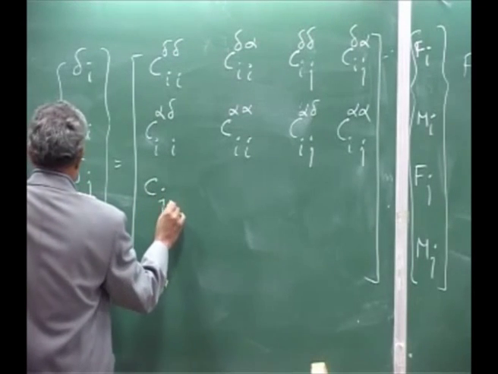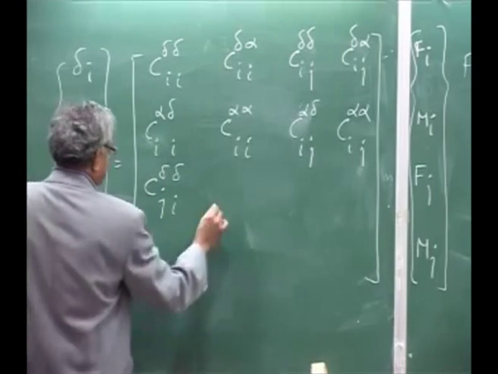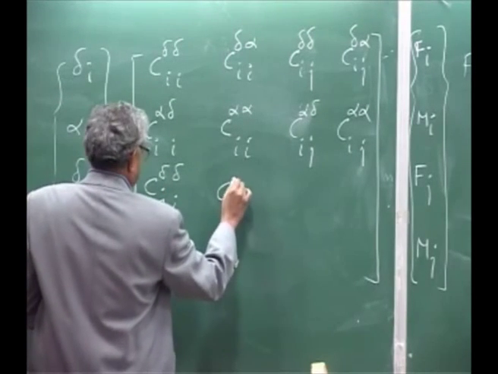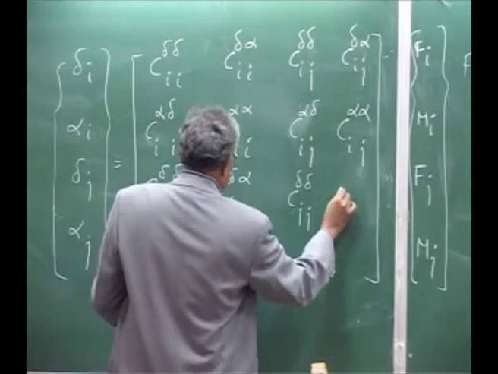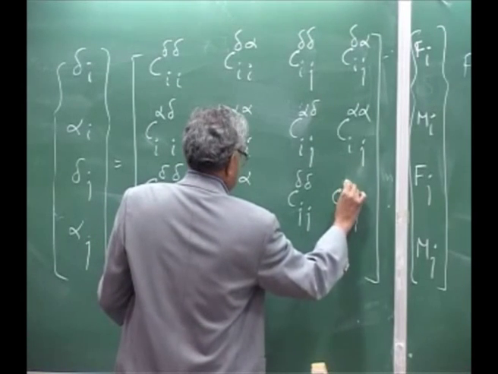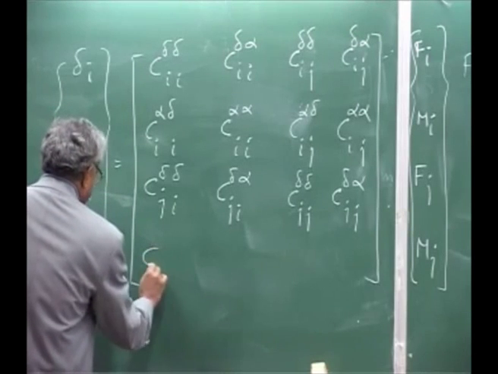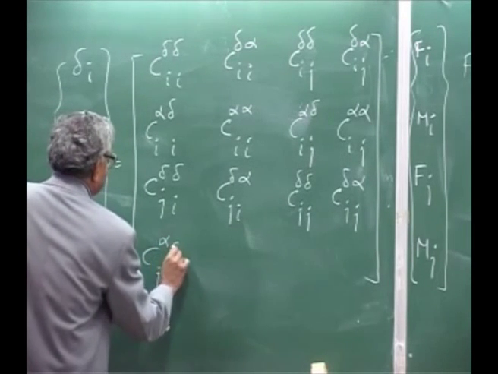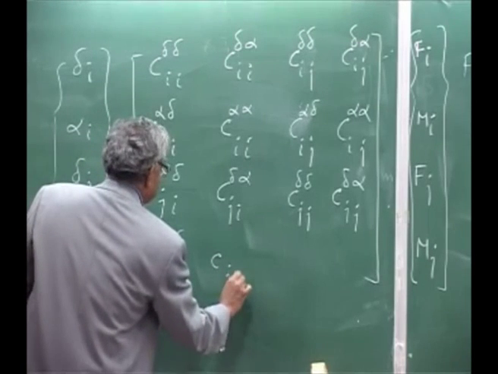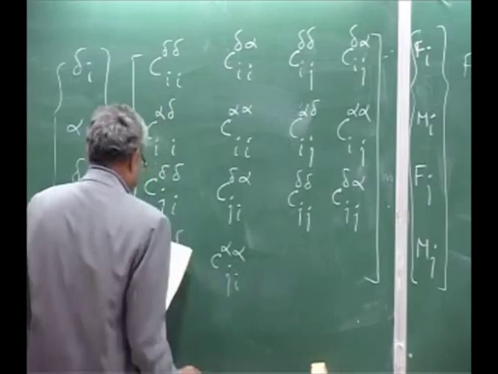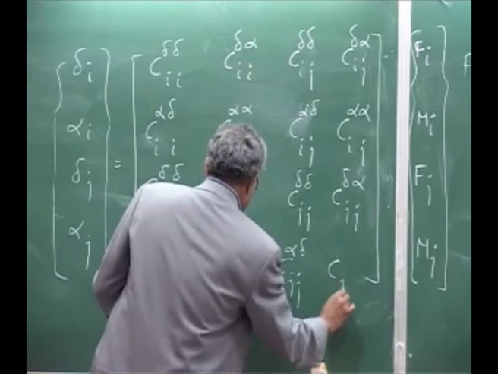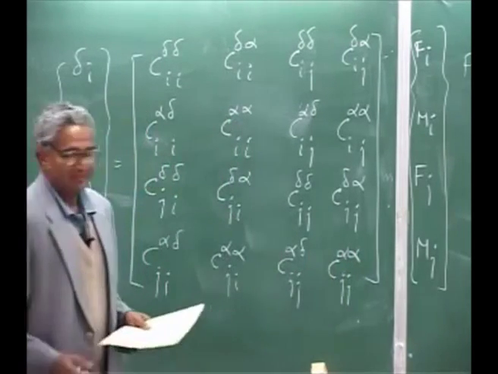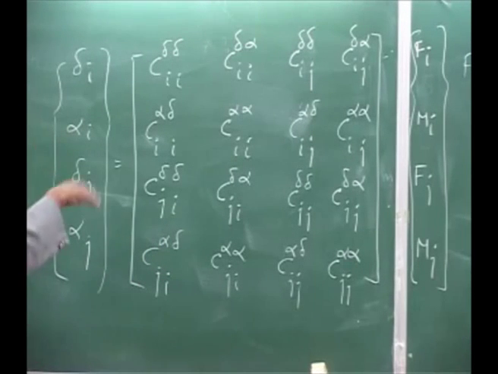Then Cji delta delta, Cji delta alpha, Cjj delta delta, Cjj delta alpha, and then Cji alpha delta, Cji alpha alpha, Cjj alpha delta, and Cjj alpha alpha. Okay, this is the complete matrix for the two loads. Please understand, this is how it will look.